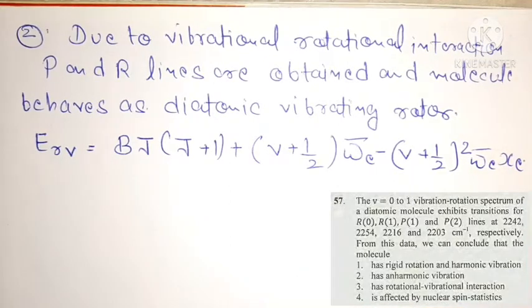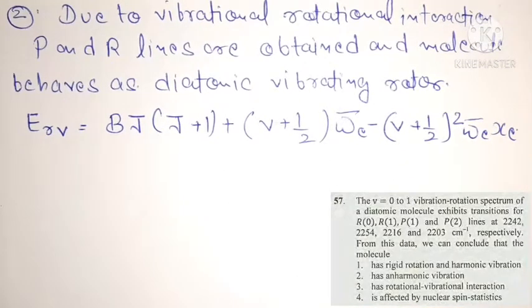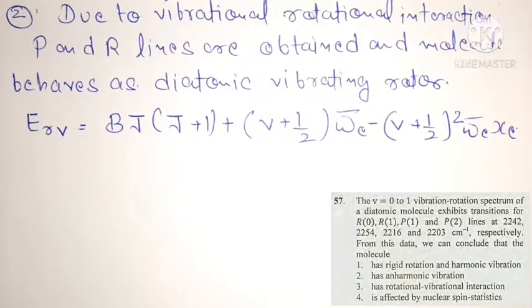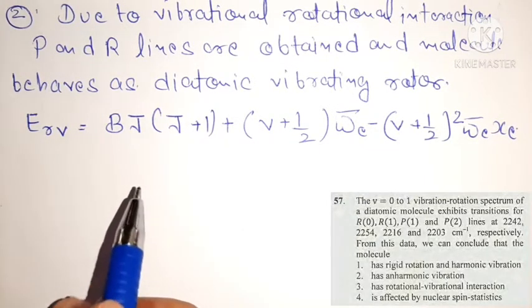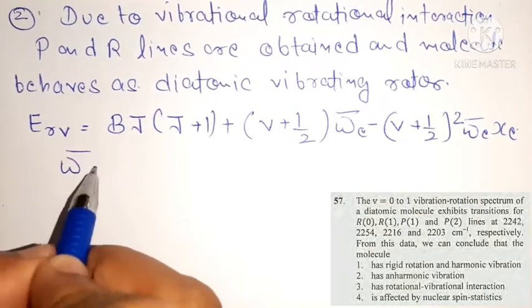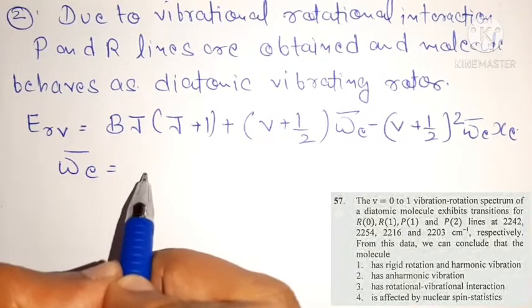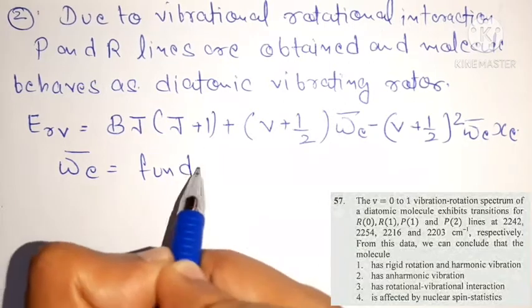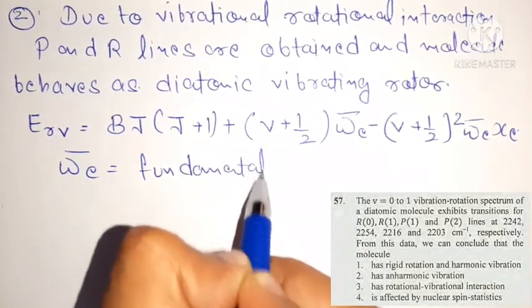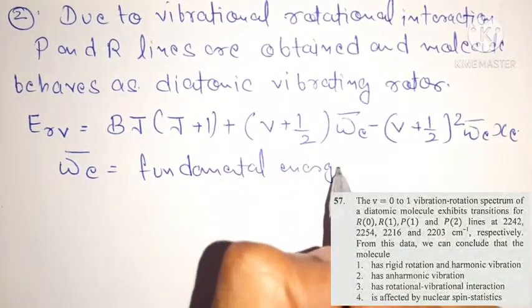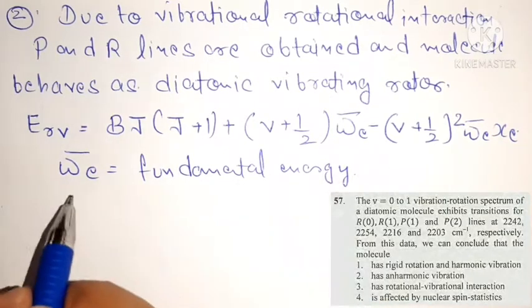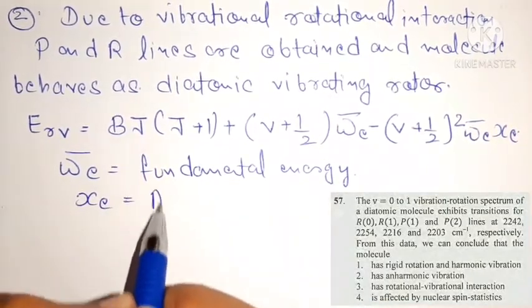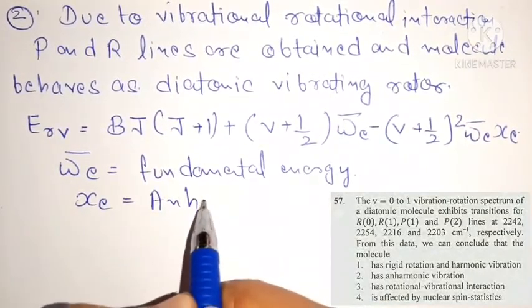This is a formula for finding the energy gap between vibrational rotational energy levels for vibrational rotational interaction. In this formula, omega E is the fundamental energy, and Xe is the anharmonicity constant.